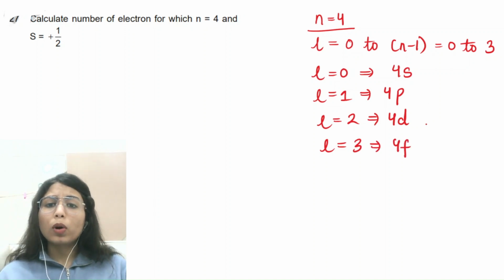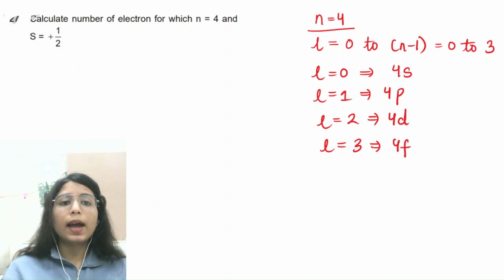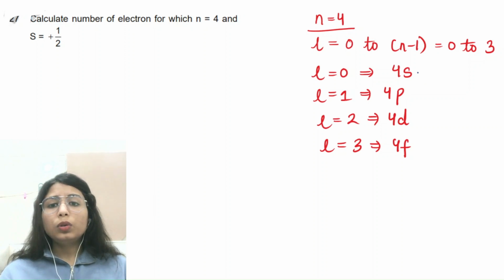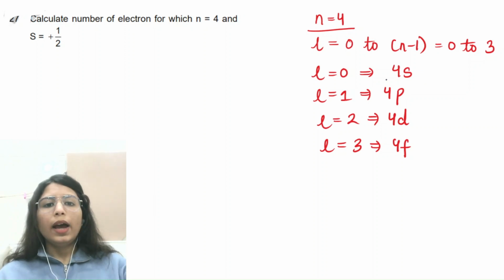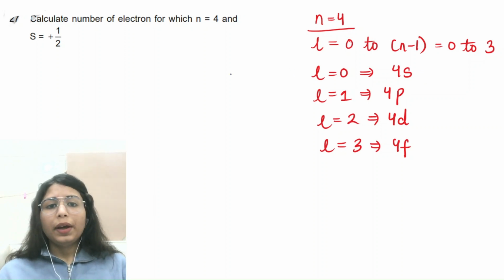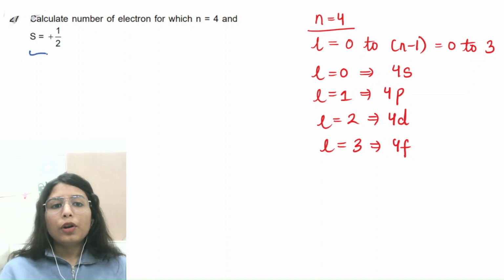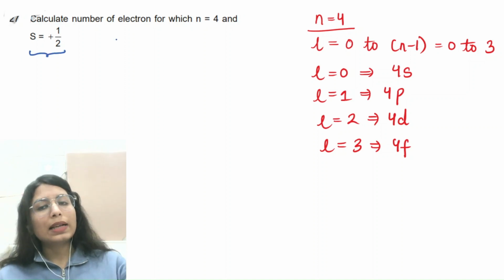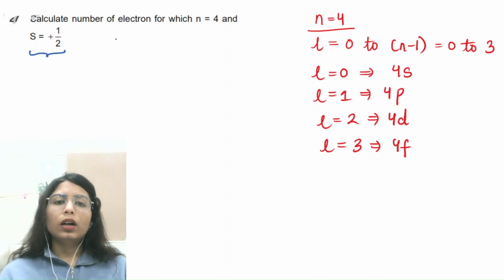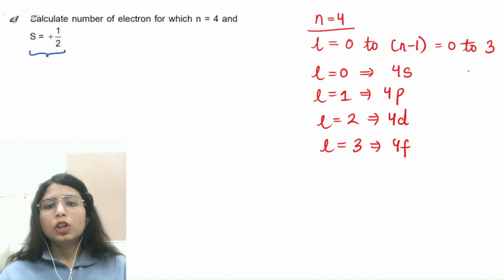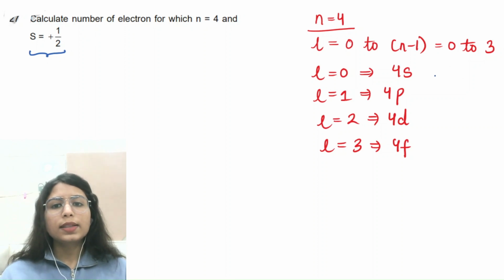So these are the possible orbitals or the subshells that are going to be present in these electrons, right? Now I have to calculate the number of electrons with only spin plus half, which means that only this kind of spin must be present. So half filled, basically it is asking.